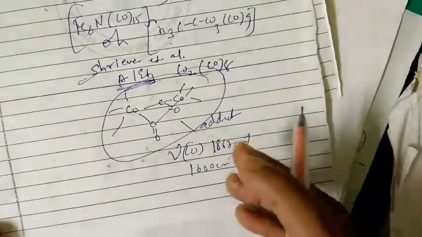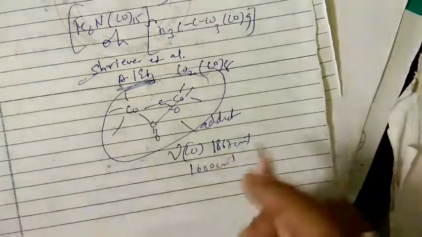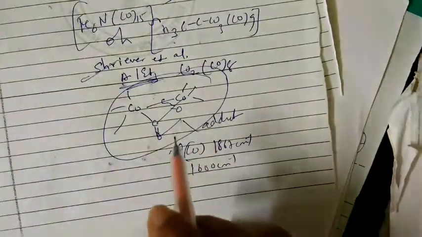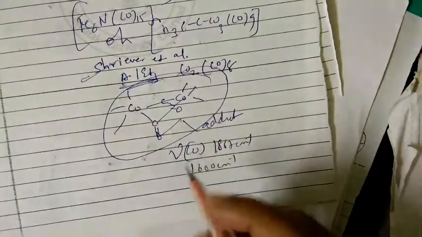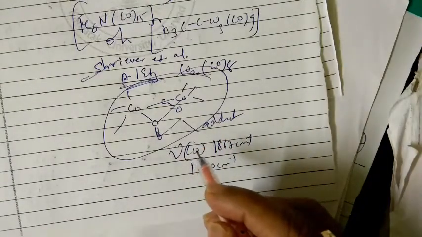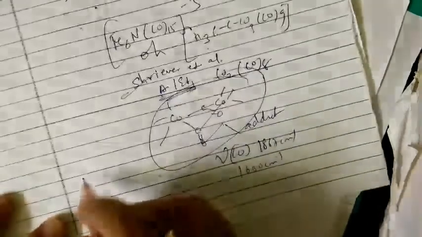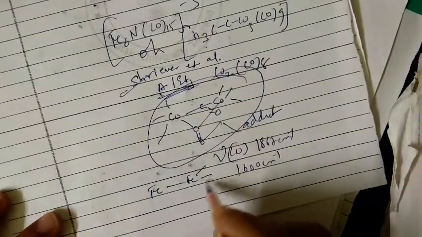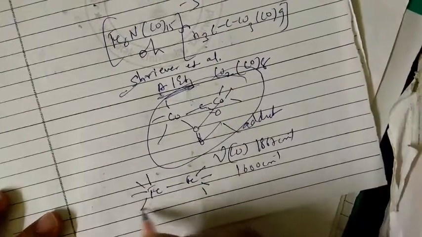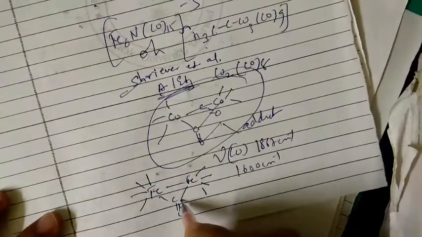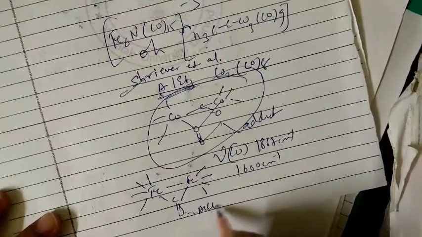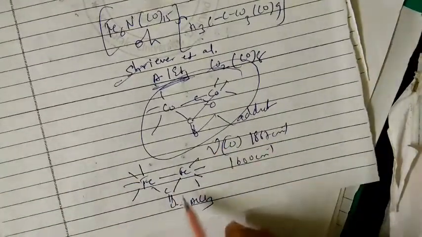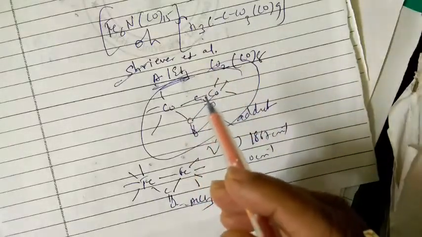So this is how IR spectra beautifully explains the different structures of polynuclear complexes. This is a suggested structure for what I just explained, with Fe, carbonyl, and AlCl3.